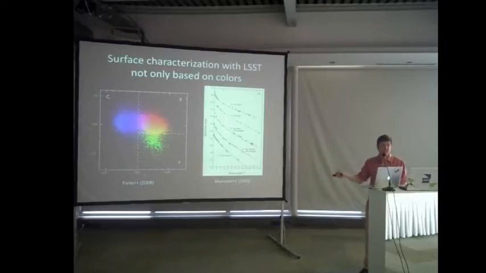Now, SDSS was basically a single-epoch survey, at least from the asteroid perspective. With LSST, we can also make use of the fact that we will observe a large variety of phase angles.